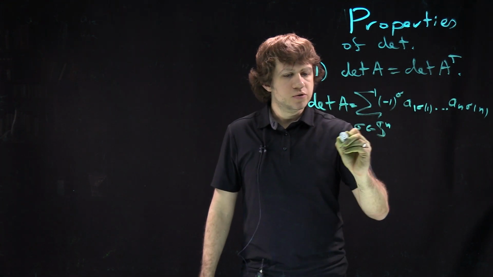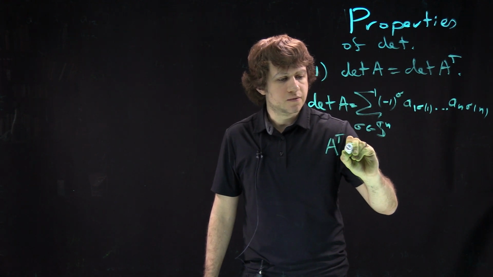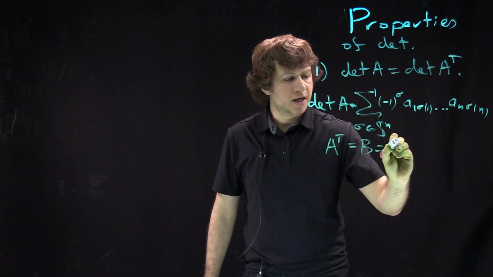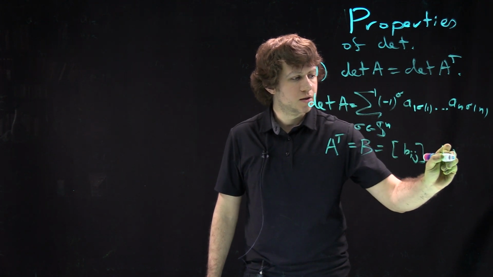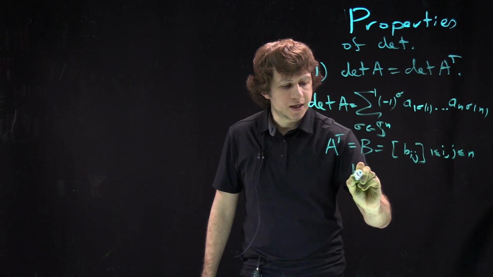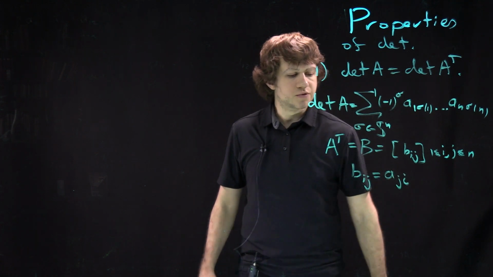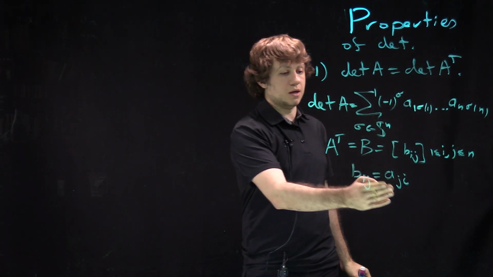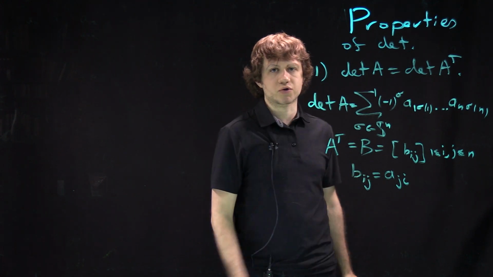Okay, so let's suppose that A transposed is equal to B, and this B has coefficients bij, for i and j from 1 to n. Then I know that bij is the same as aji. This is simply because this is what transposition does, right?